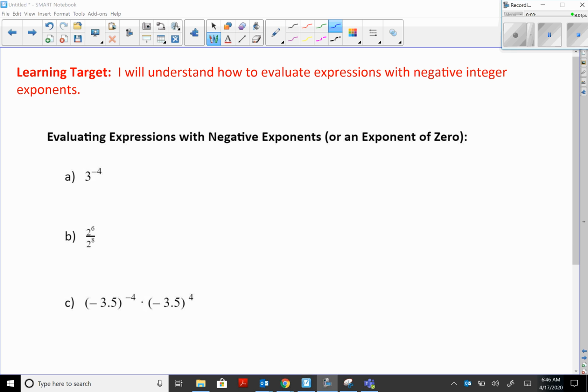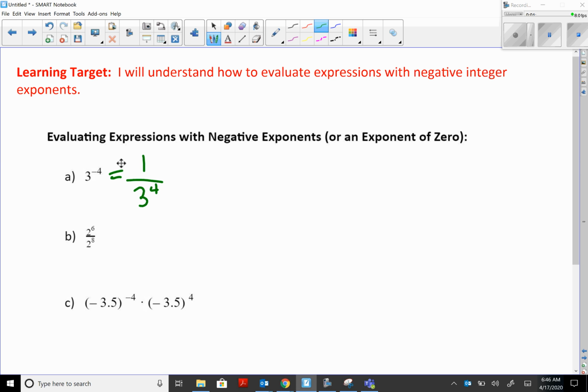You heard the term reciprocal on the Khan Academy videos, but I'm going to be using that a lot. Anytime you have a negative exponent like you do in this first one, you're going to rewrite it as the reciprocal with a positive exponent.